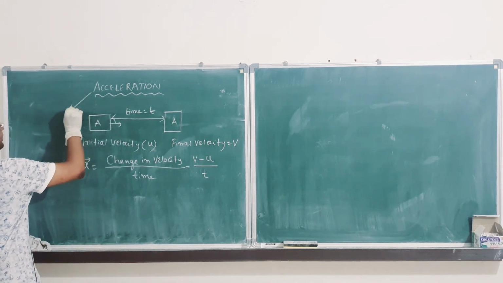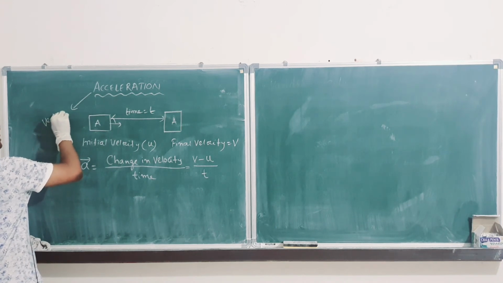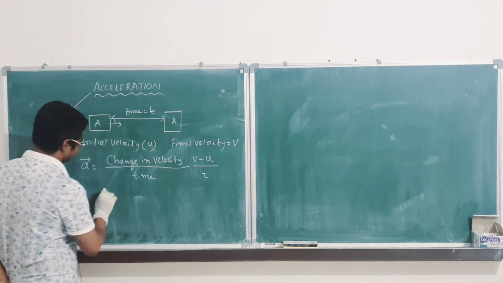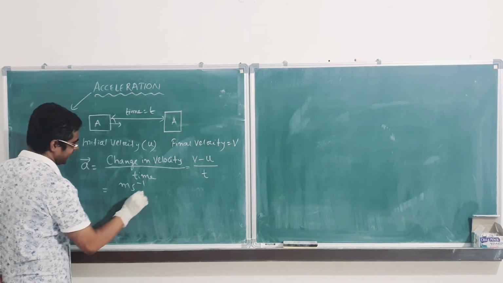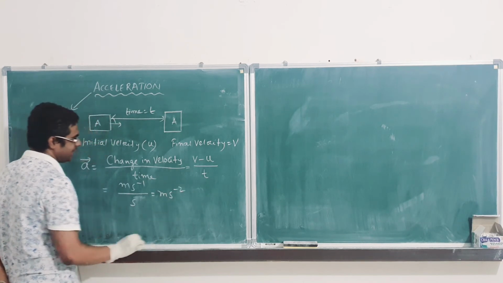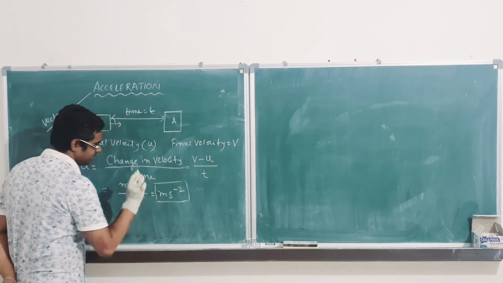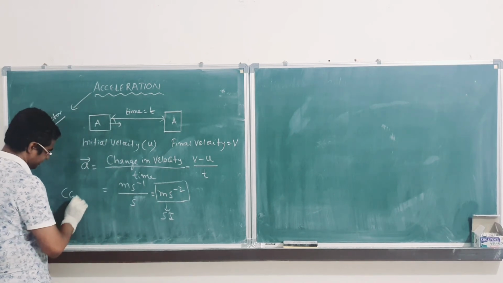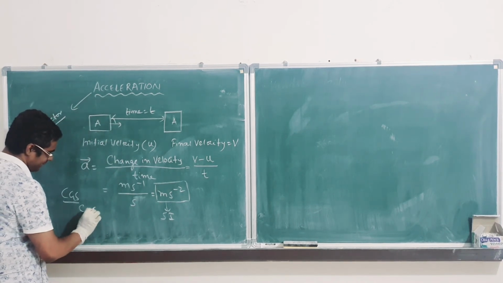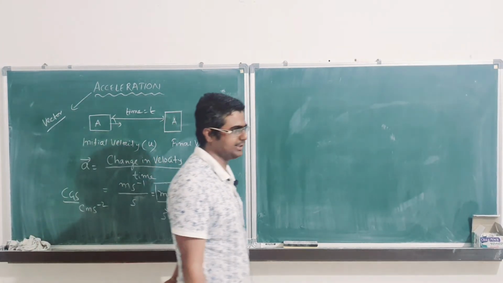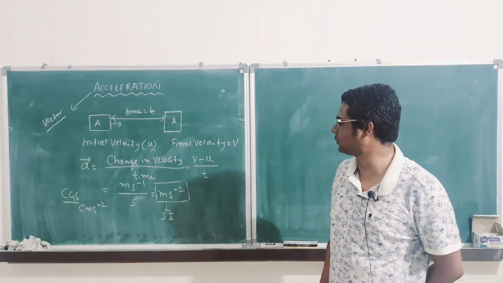Remember, it's a vector quantity. Change in velocity per unit time. Change in velocity means meter per second, time means second, so the unit will be meter second minus 2. This is the SI unit. CGS will be centimeter second minus 2. Clear?